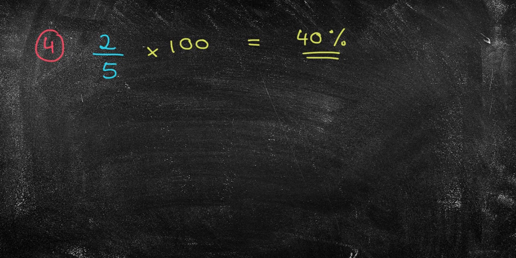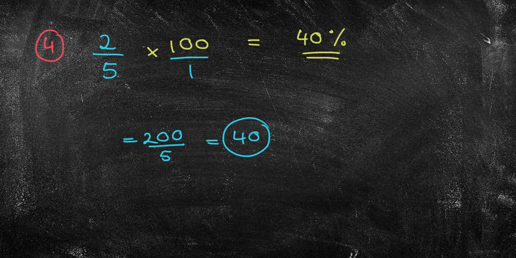Well, there are lots of different ways. First of all, I could just times it by 100 over 1. 2 times 100 equals 200. 5 times 1 is 5. And 200 divided by 5, well, that equals 40. So my 40%.